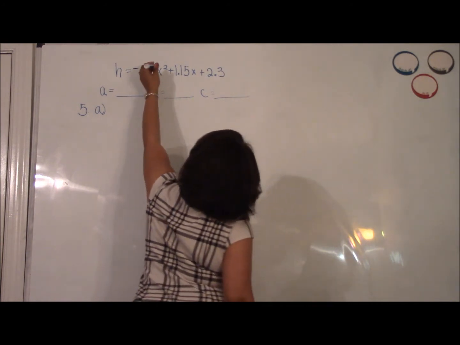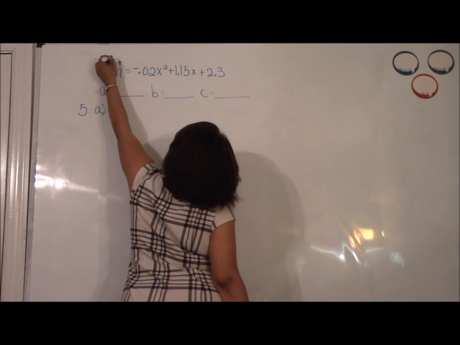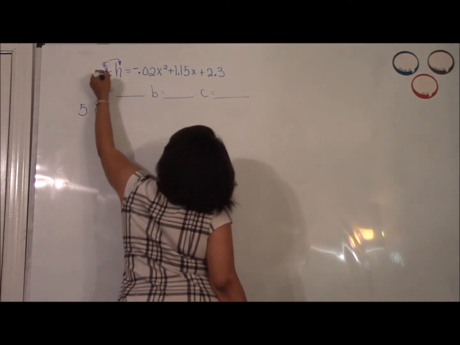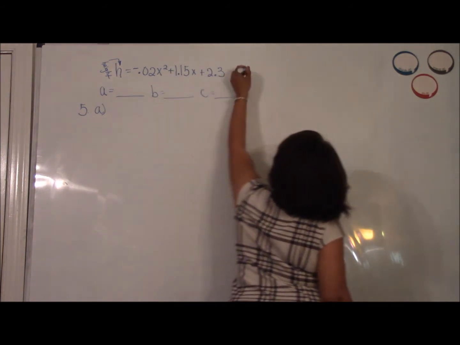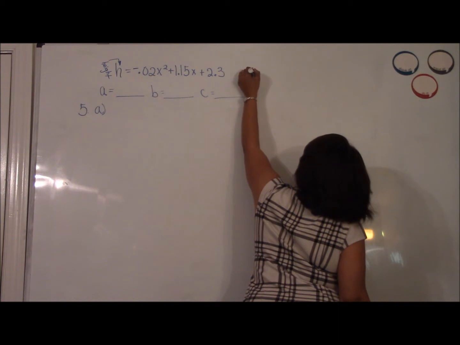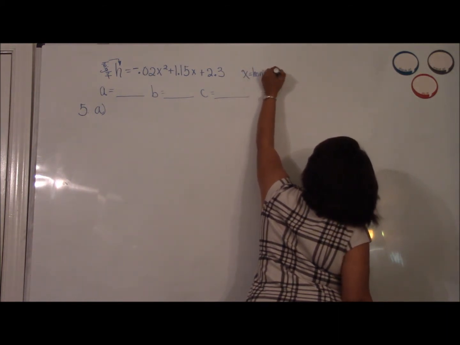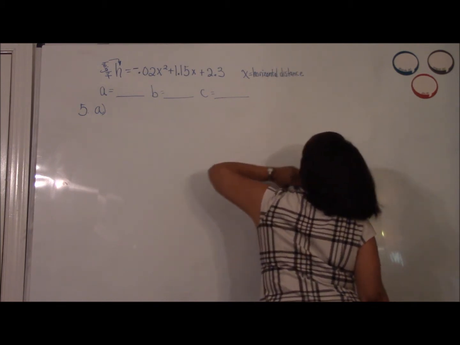So they're telling us that h is the height of the ball, and the x represents the horizontal distance. Horizontal distance. Which axis is horizontal?